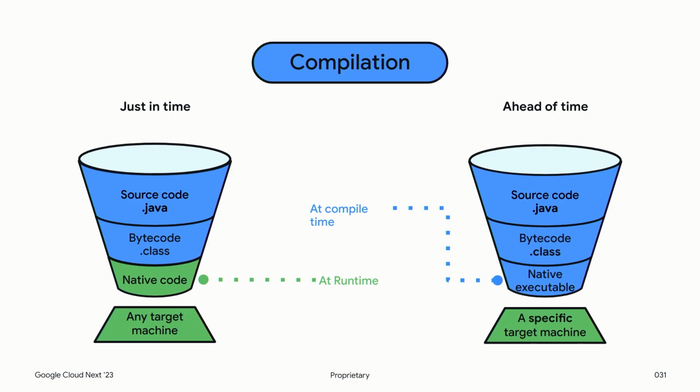Sorry, not bytecode. So that means that you target a specific machine with a specific architecture, but you get near native performance as a result. This involves a number of trade-offs, which we'll be going into in a minute.